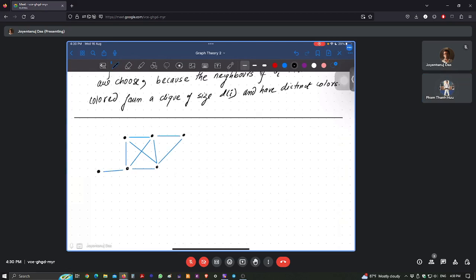We have to first order the vertices. First of all, there are six vertices, so I have to give an ordering v1, v2, v3 up to v6, such that at every stage, if I delete the vertex, its neighbors should be a clique.